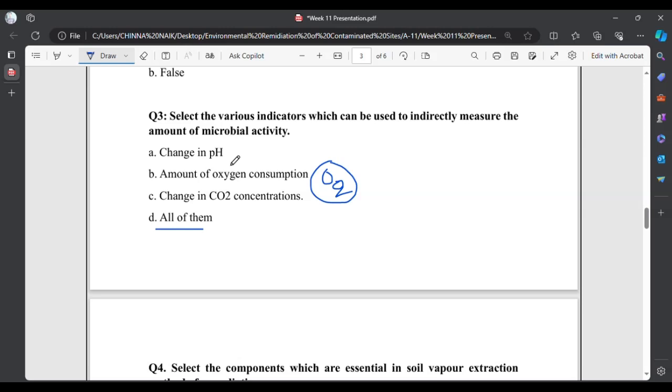Similarly with pH: generally at a pH of 6.5 to 8, microbial activity will be good. So if contaminated water or soil maintains such a pH, we can conclude that microbial activity is there. And for change in CO2 concentration, of course, the end product they release is CO2. If the concentration increases in soil or water, we can assume there is more microbial activity. So all of the above is the right answer.